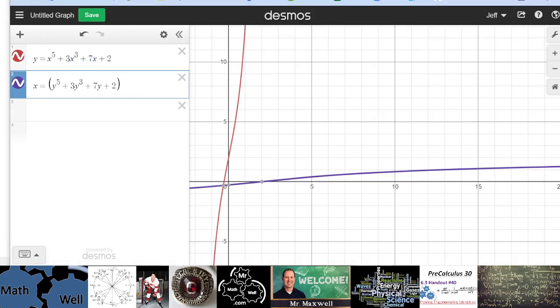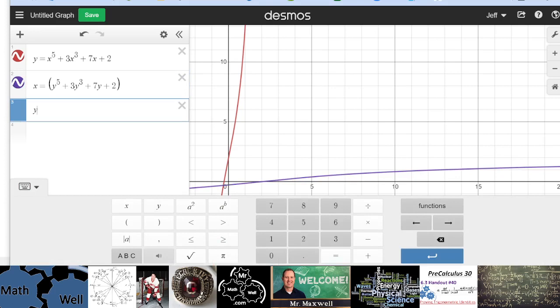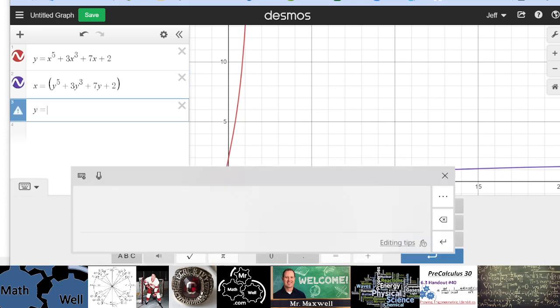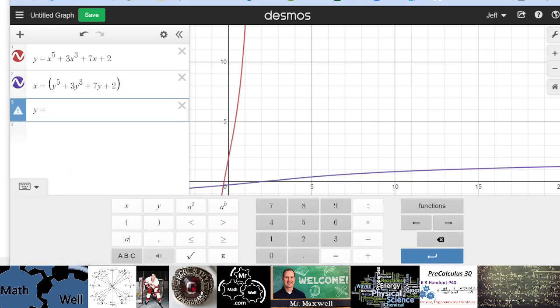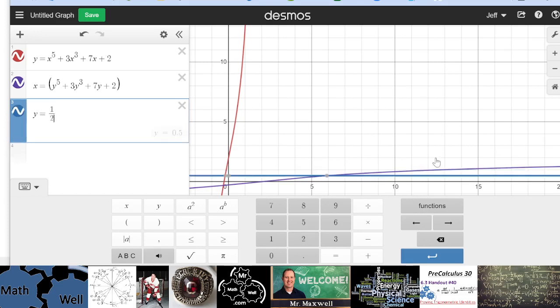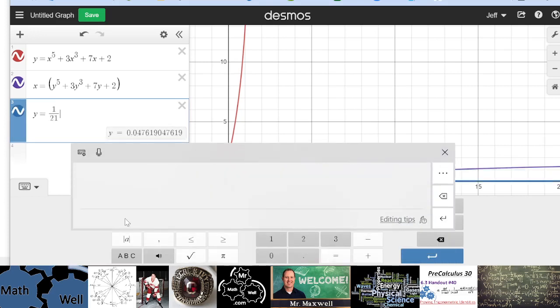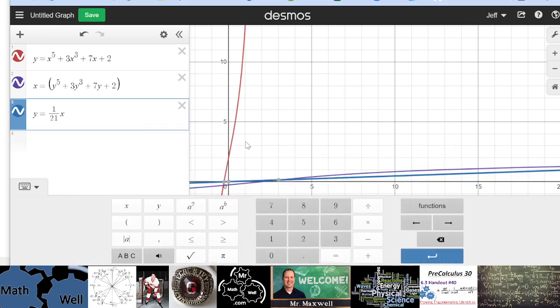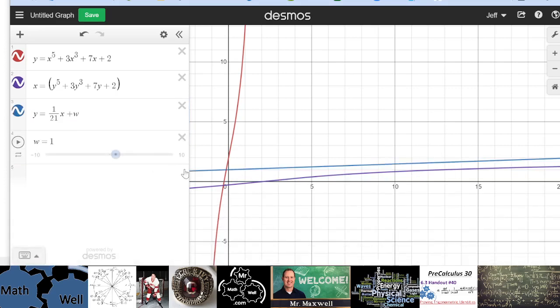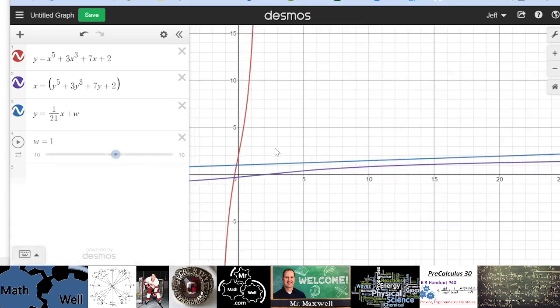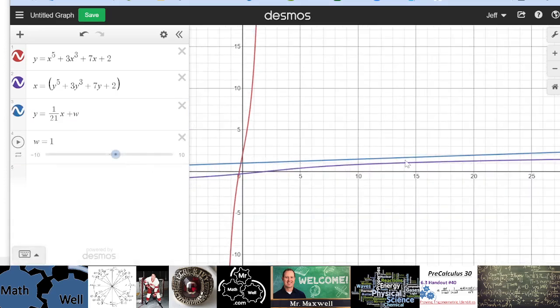Okay, so just out of curiosity, let's do y equals 1 divided by 21x. And I'm going to put a slider for w. So let's back off a little bit. So here's my line. You see this line? That is a slope of 1 over 21.